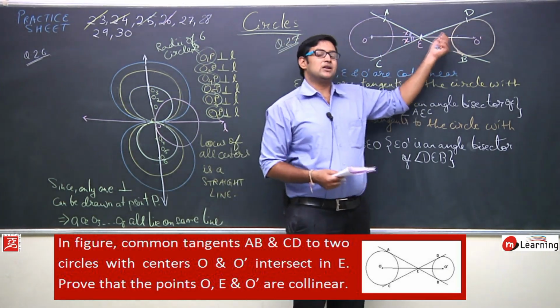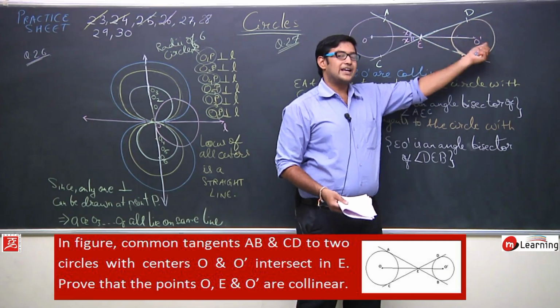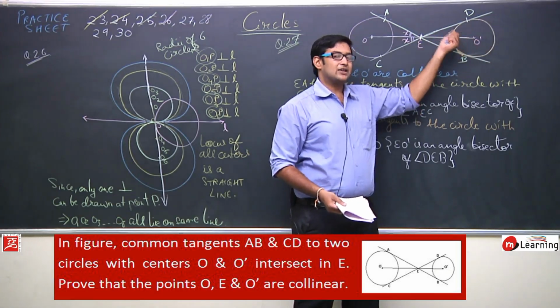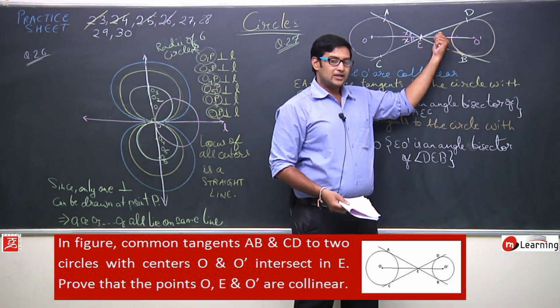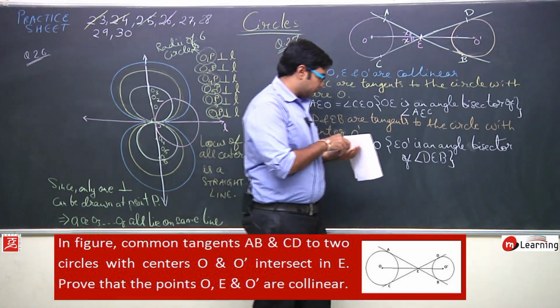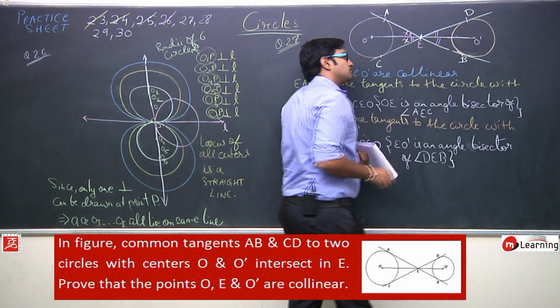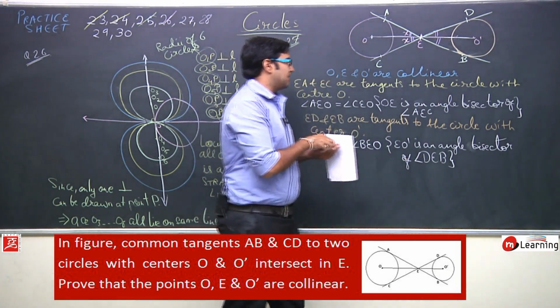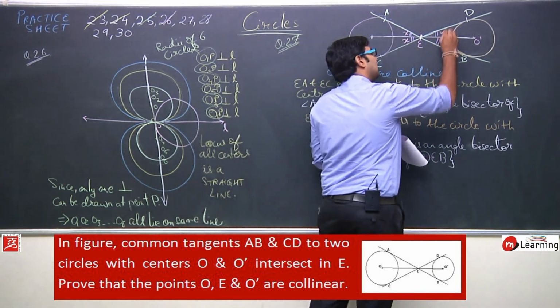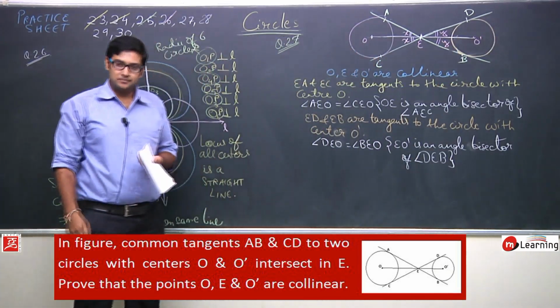You should remember what we have proved in a question, that this OE dash, this line is a bisector of this particular angle. Okay, that's why I have directly used that property. So it means this angle and this angle are equal. I can name them as angle Y and angle Y.